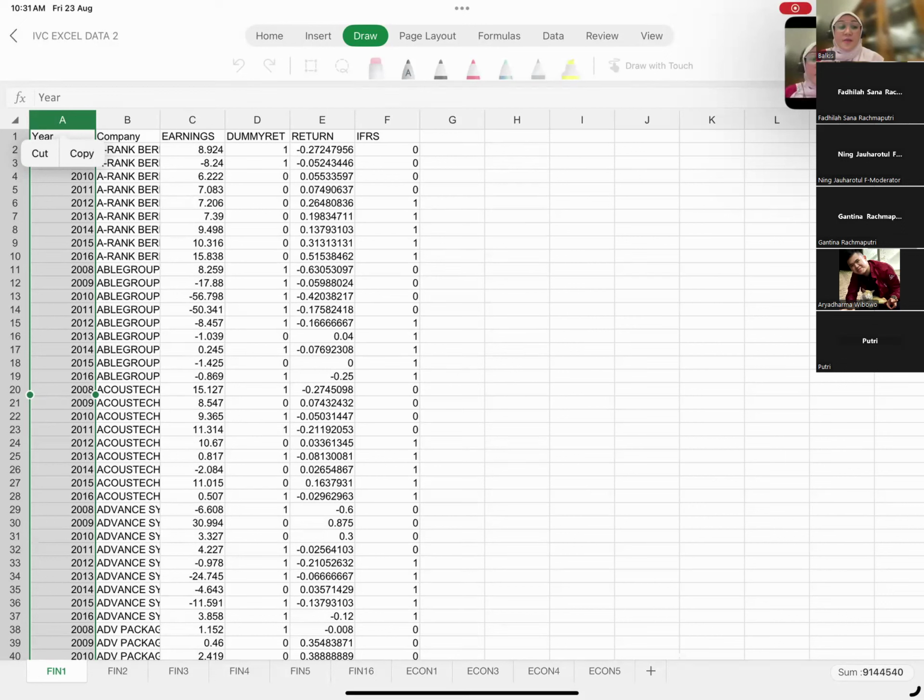Under the second step, if we fail to reject H null, in that case, we use the PLS. If we reject H null, it means that we use the random effects. So any questions on the data, on this data class?